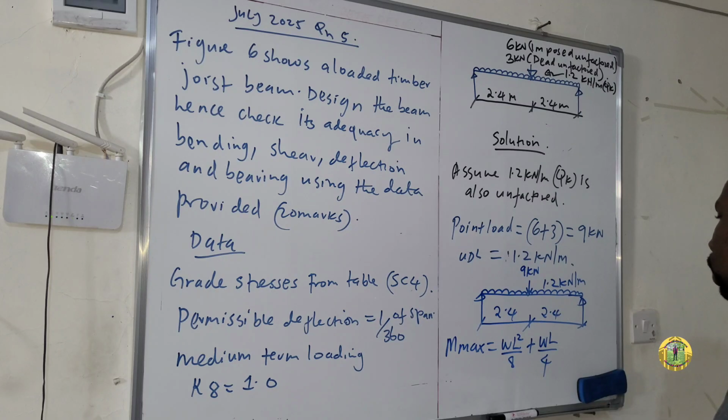And then from there, you will also determine the maximum bending moment, which will be used in the design of such a beam. So for this case, let's use these formulas to save a lot of time.